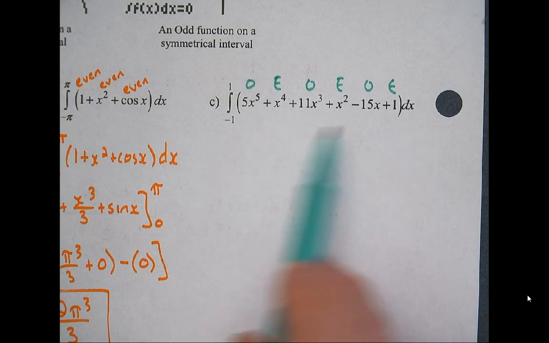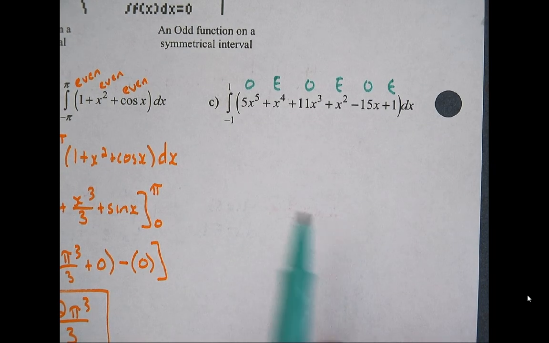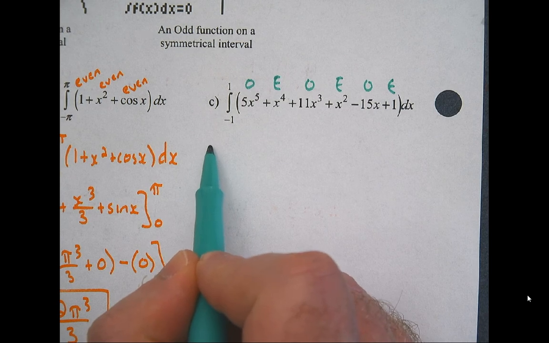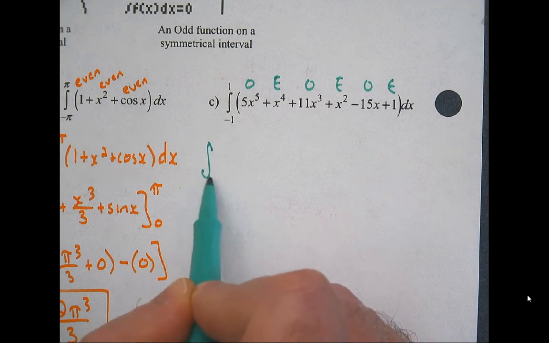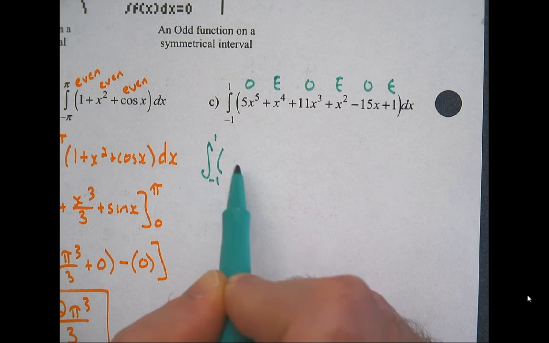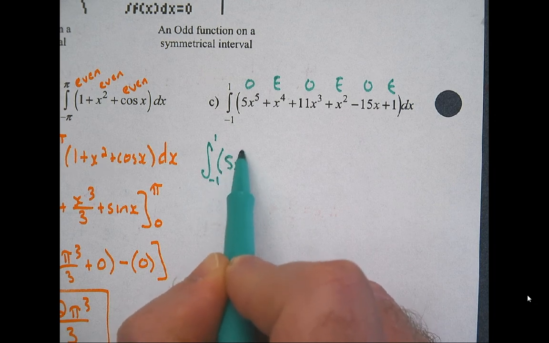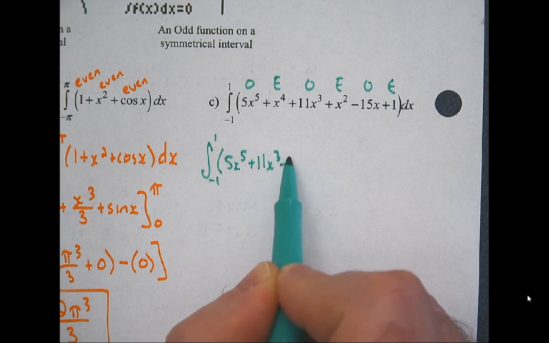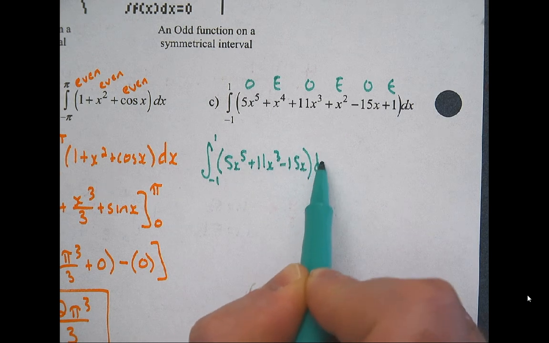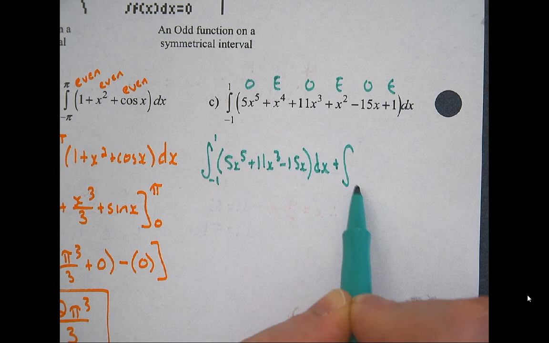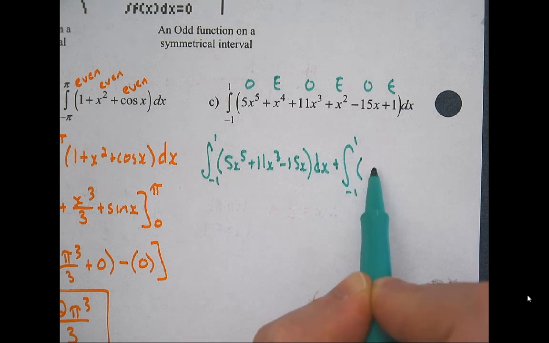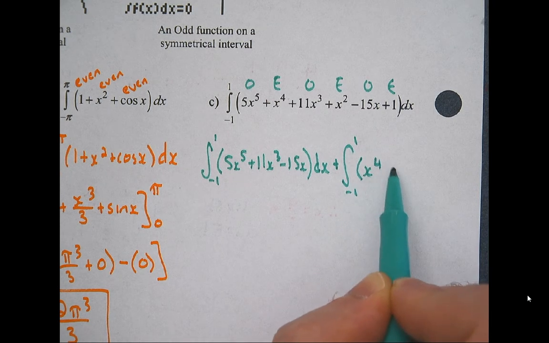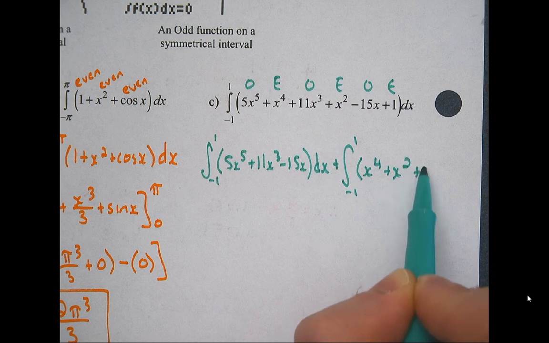But Corpy shows a nice trick here, which I kind of liked. He grouped it into 2 separate integrals. He did the integral from negative 1 to 1 of 5x to the 5th plus 11x cubed minus 15x dx plus the integral from negative 1 to 1 of x to the 4th plus x squared plus 1 dx.